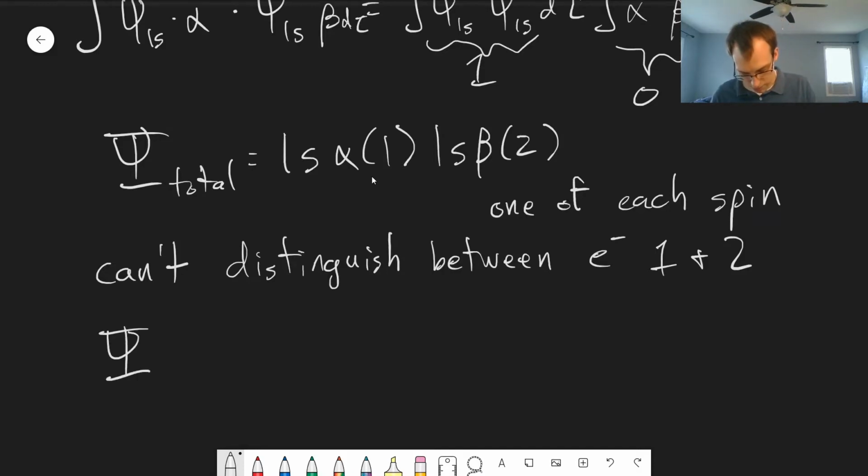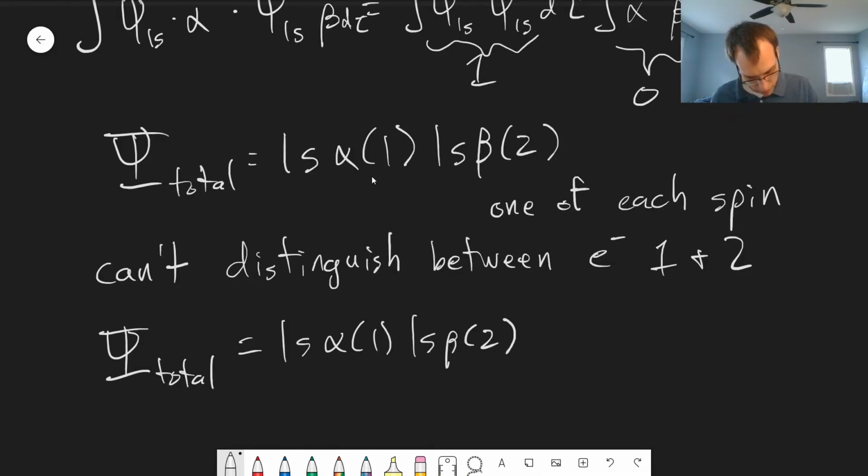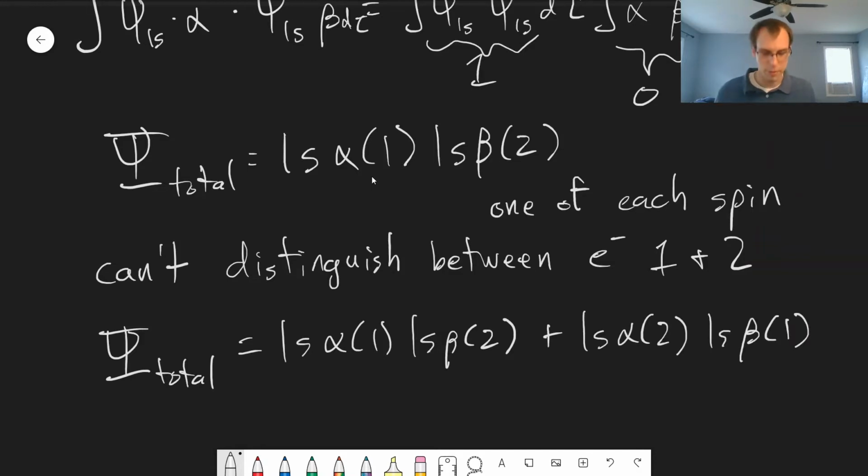We can have one combination where our two options add together. So we have 1s alpha 1, 1s beta 2, and then we have the opposite, 1s alpha 2, 1s beta 1, right? And so we swapped which electron is which, and we just add these together. Or we can subtract them, right?